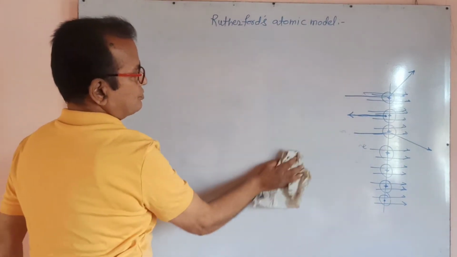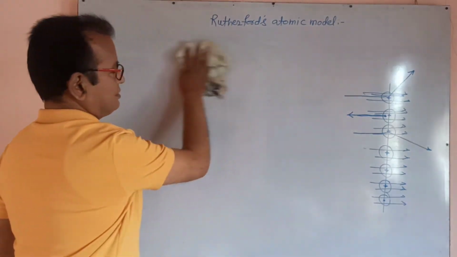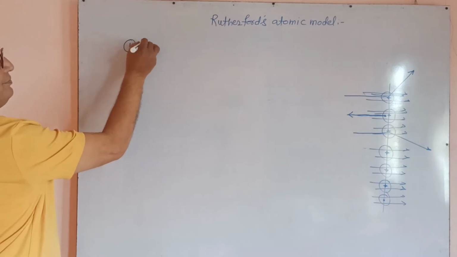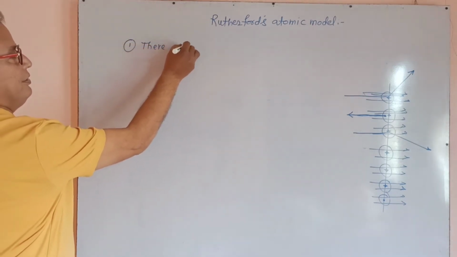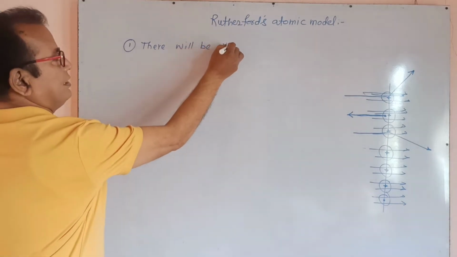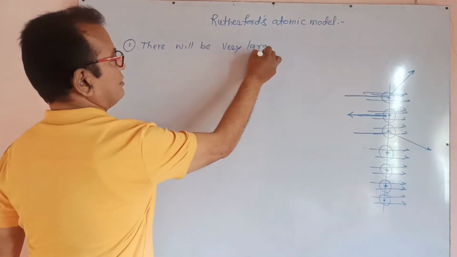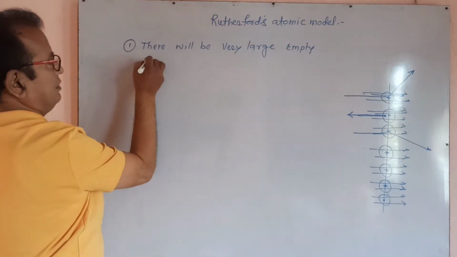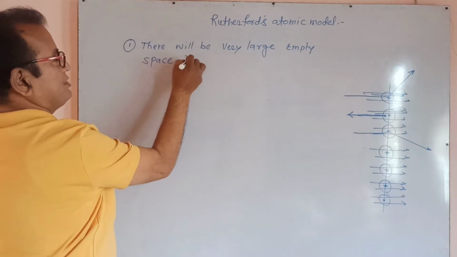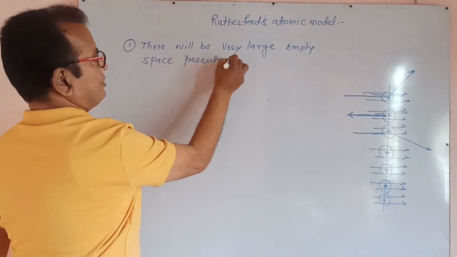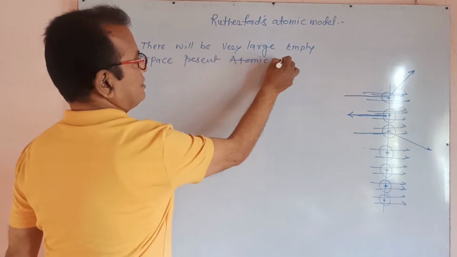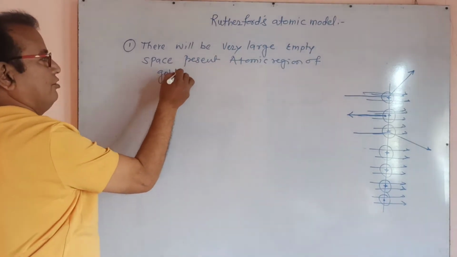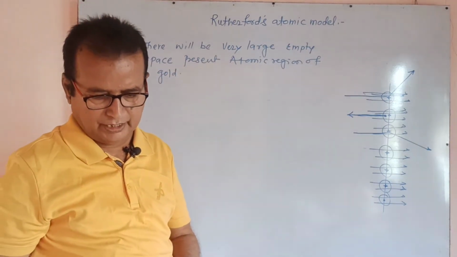This skeleton diagram shows how these alpha particles move. Yes, the conclusion is that there will be a very large empty space present in the atomic region of gold.